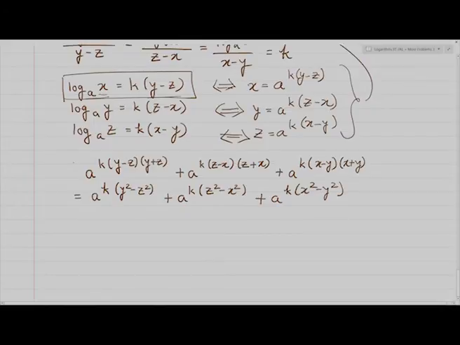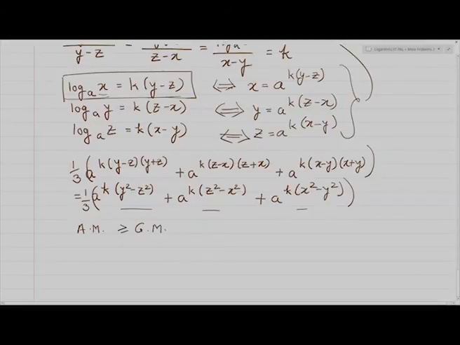I will just multiply all the terms by 1 by 3. But what exactly is this? This is nothing but the arithmetic average of these 3 terms.